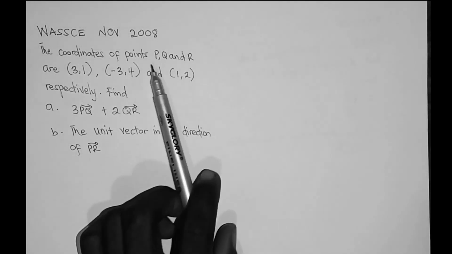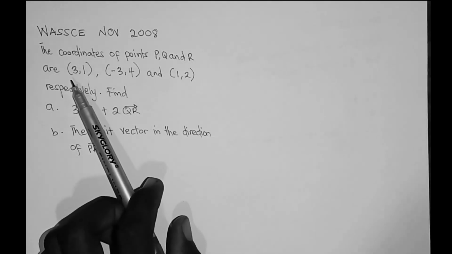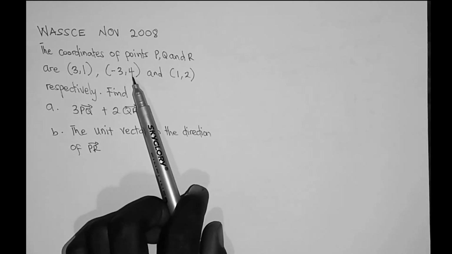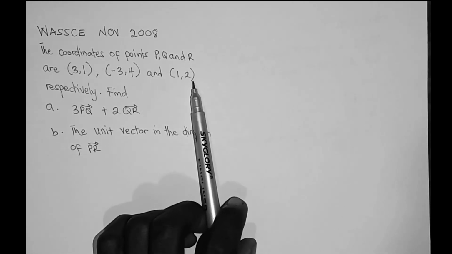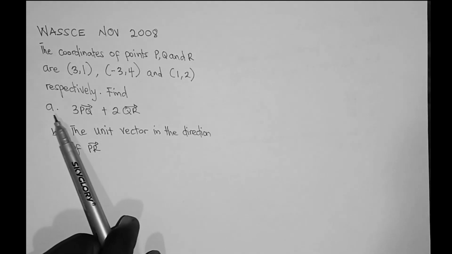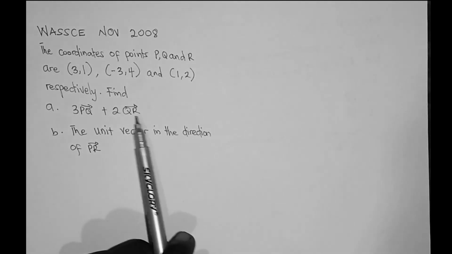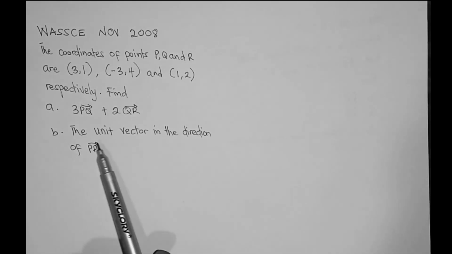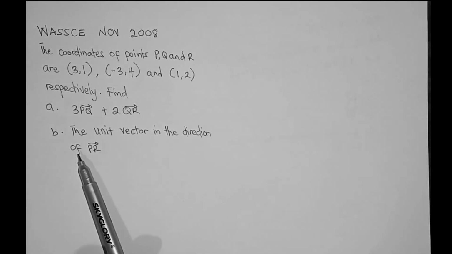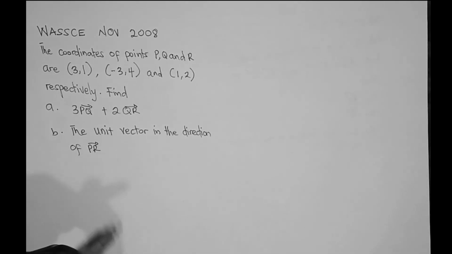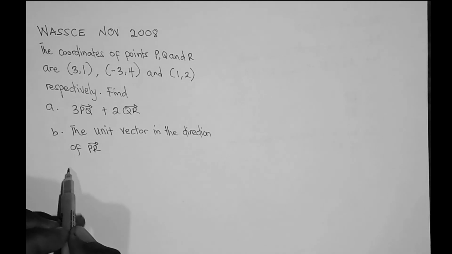The coordinates of points P, Q, and R are 3, 1, minus 3, 4, and 1, 2, respectively. Find A, 3PQ plus 2QR, and B, the unit vector in the direction of PR. So let's find PQ.